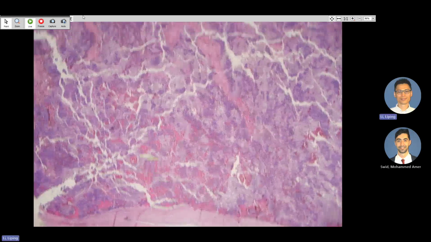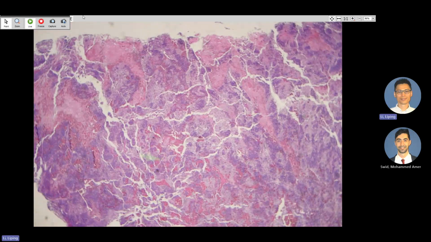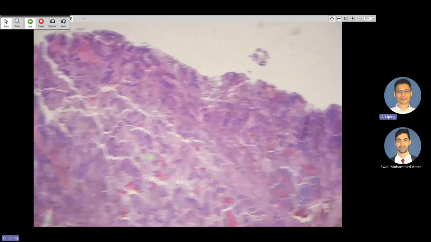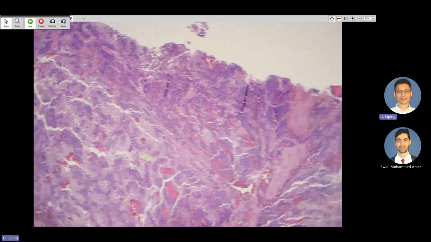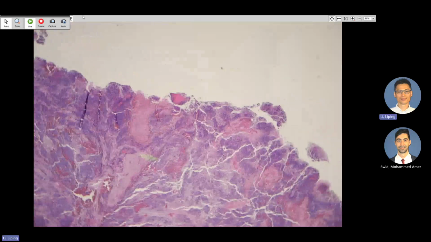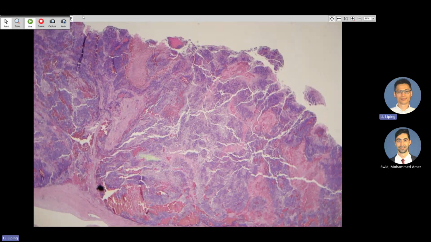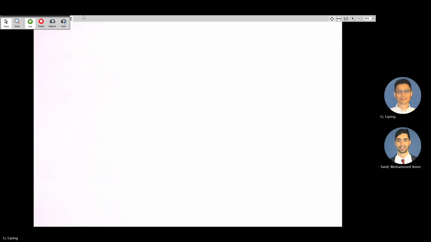Again, in this low power, we can see these bluish sheets, a proliferation of these small blue cells. And then we look at how much Schwannian stroma there is, obviously less than 50% if we can find any.